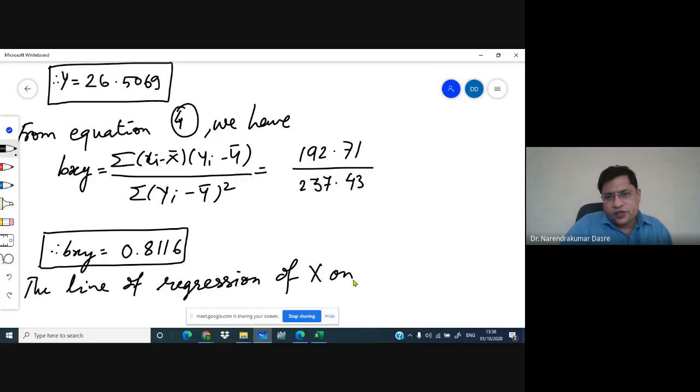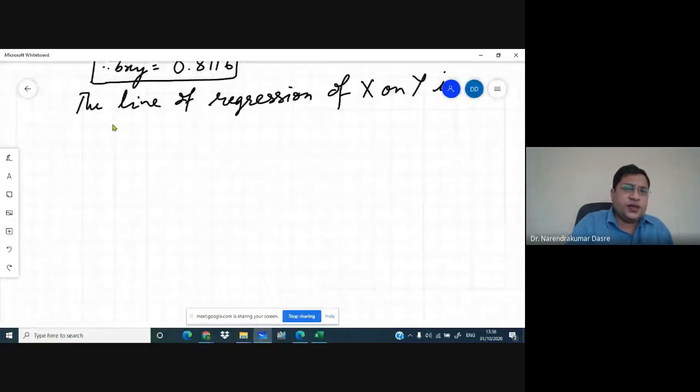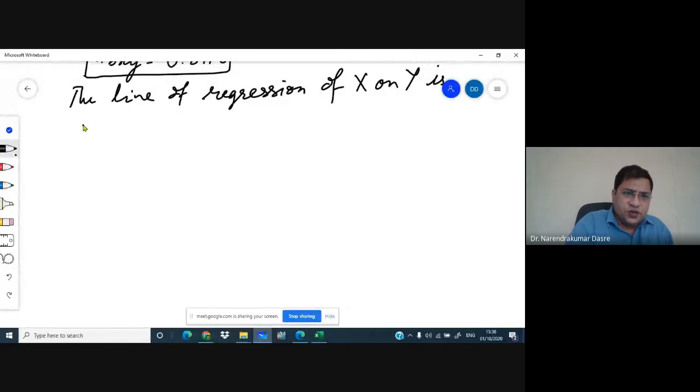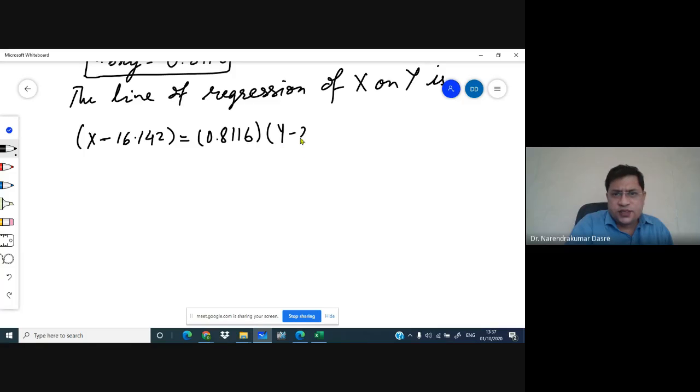And hence we can write the line of regression of x on y. So what is the line of regression of x on y? It is x minus 16.142 is equal to 0.8116 into y minus 27.2857.